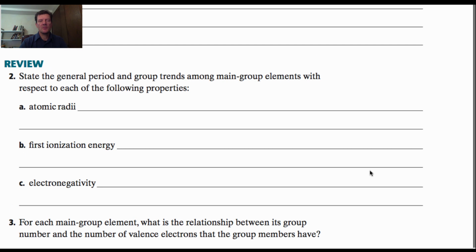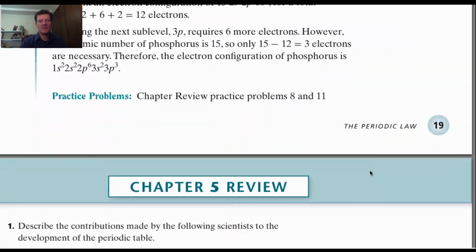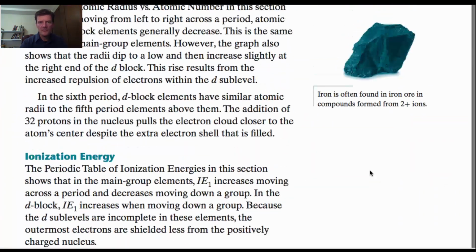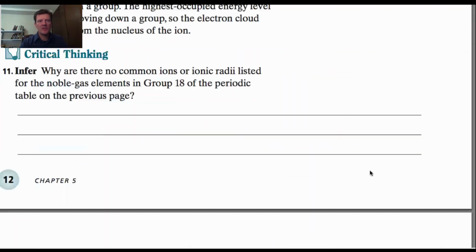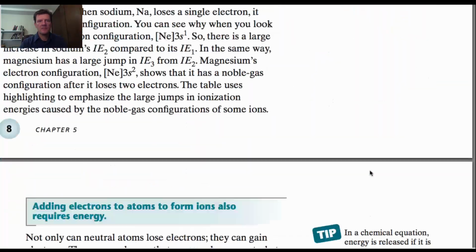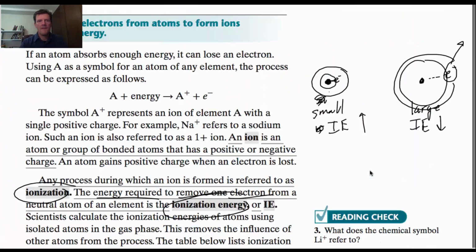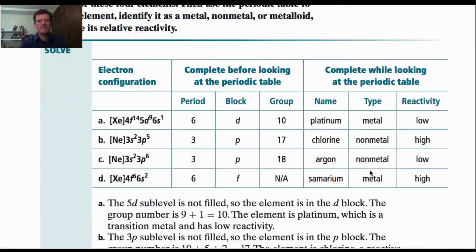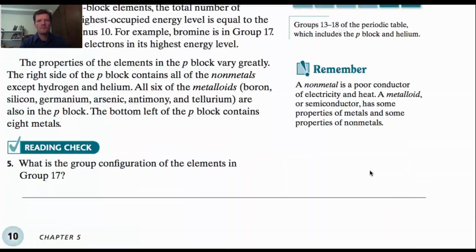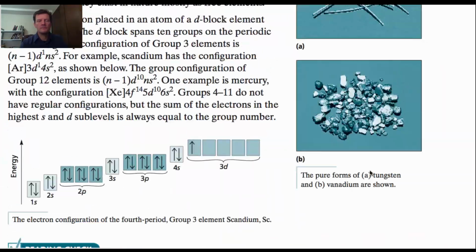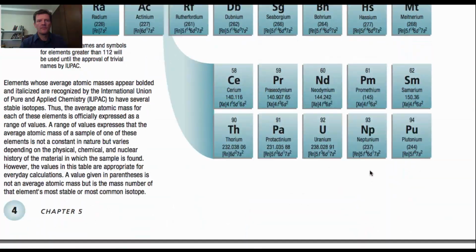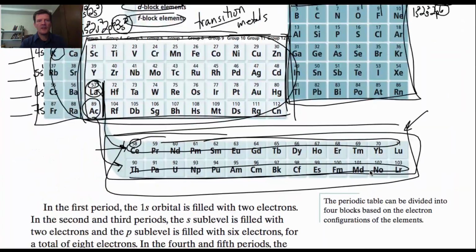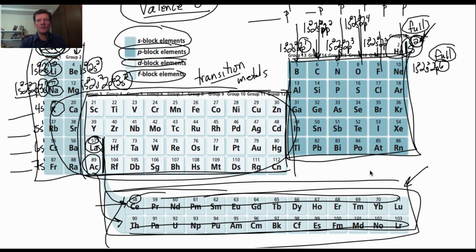Let's come back up here to the periodic table and see how this matches. On our periodic table, we know which orbitals are going to get filled just by looking at it.